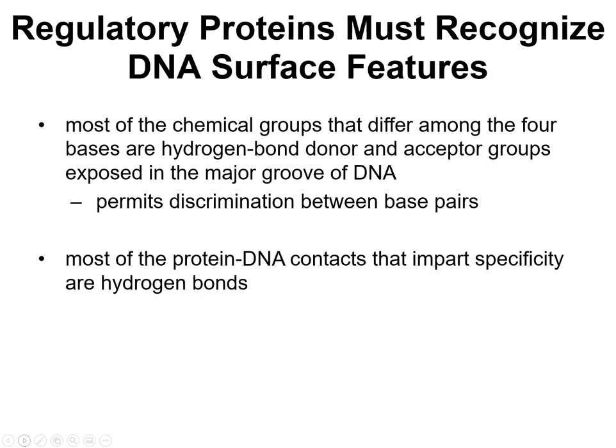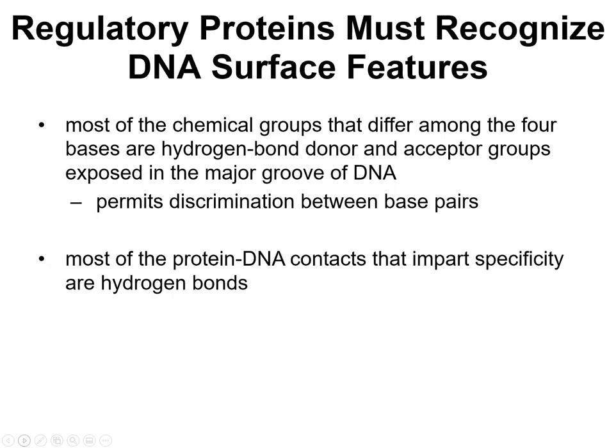Now remember, think back to when we were talking about DNA and RNA. We've only got 4 bases, and what they do with each other is hydrogen bond. They're hydrogen bond donors and acceptors, and some of those are exposed in the major groove of DNA. And if that sounds really foreign, go back and look at chapter 8, where we talked about the nucleotides and DNA and RNA structure.